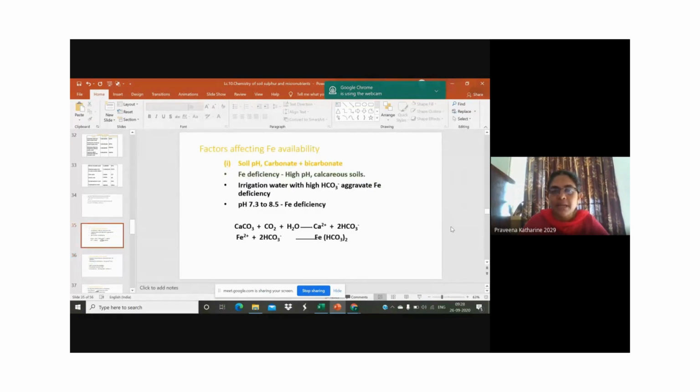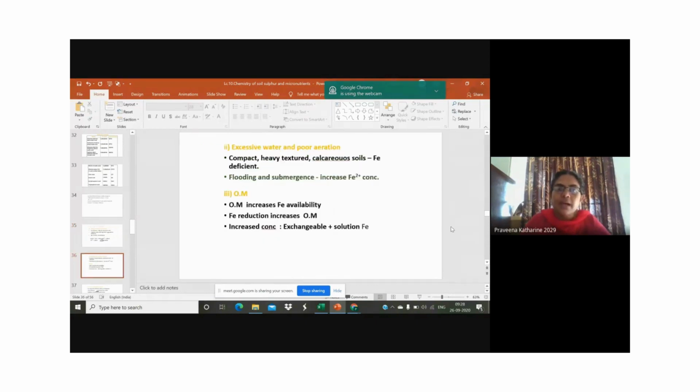Then carbonates and bicarbonates increase complexation with iron. Iron carbonates and iron bicarbonates would be formed, precipitated, and the availability to the crop is reduced. Again, in a heavy textured soil, you'll have complexation with iron, and there you'll have iron deficiency.